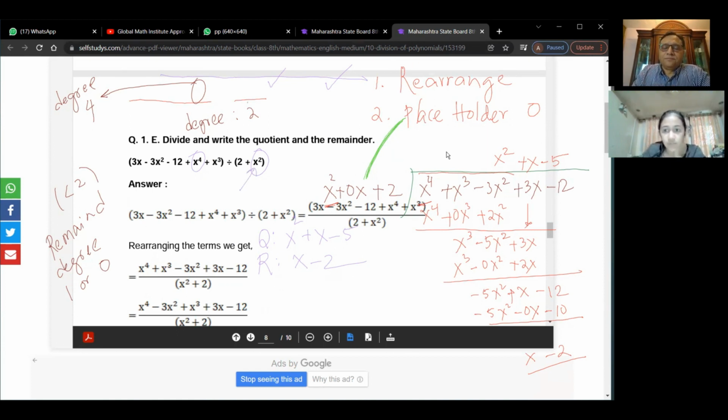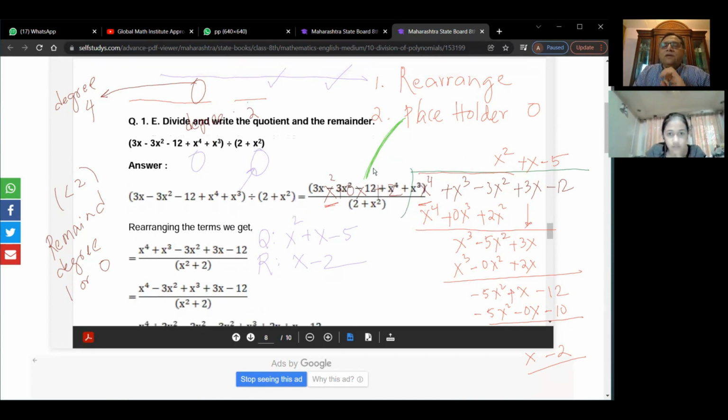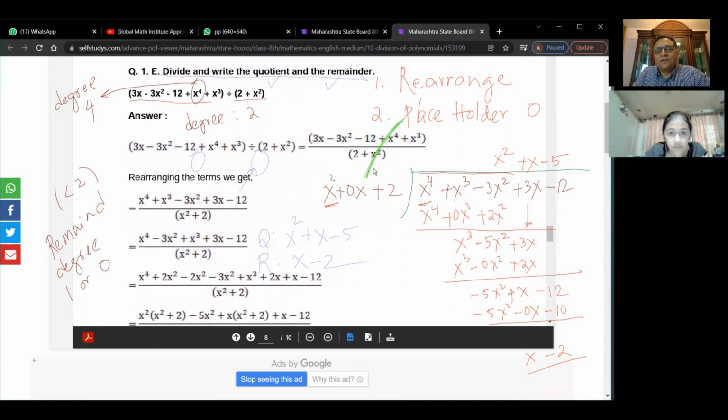We learned placeholders, and how to do 3 things together. If there are 3 terms in the divisor, we have to involve 3 in the dividend. Is that okay? Correct.